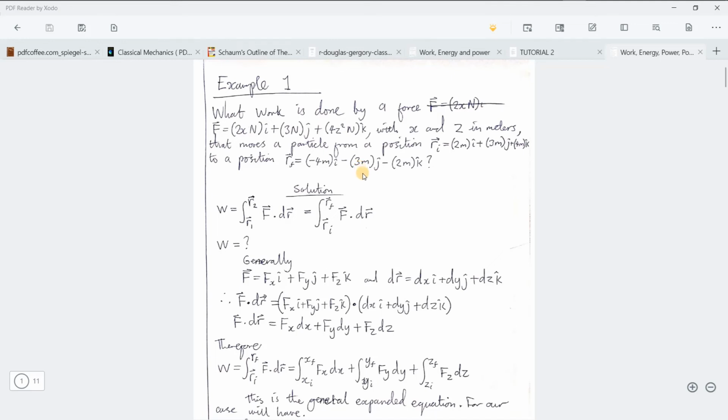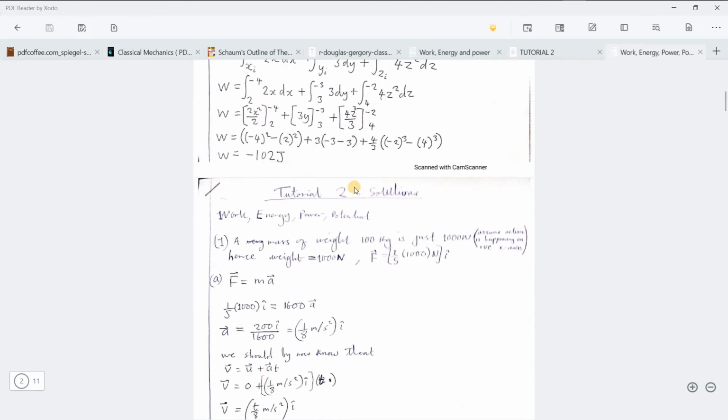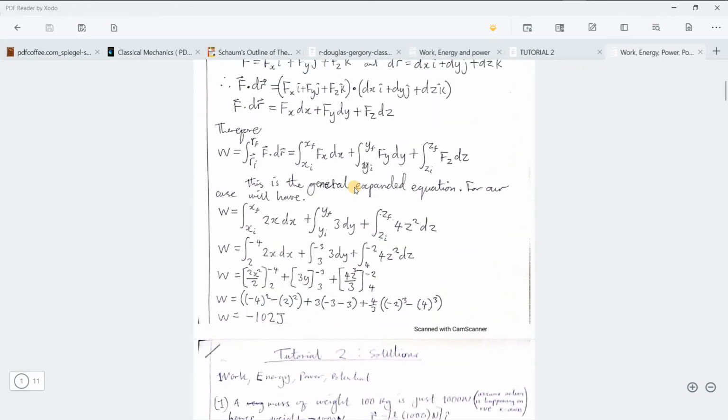Okay, so our yi will be 3 and our yf will be -3. If that's the case, we get this. You see, we've taken yi as 3 and our yf as -3, and we get 3 dy as it is here, plus the integral.